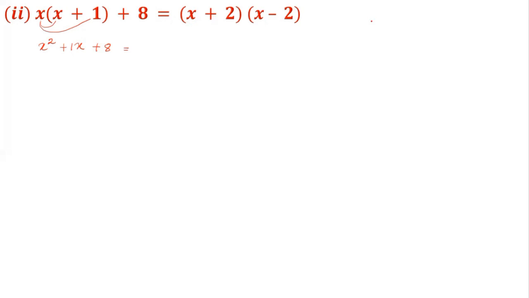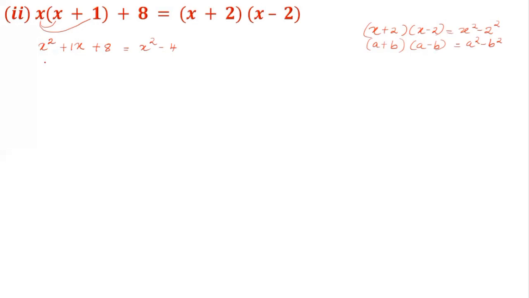Here we can apply the identity, that is a plus b into a minus b is equal to a square minus b square. So, x plus 2 into x minus 2 is equal to x square minus 2 square. So, x square minus 4.